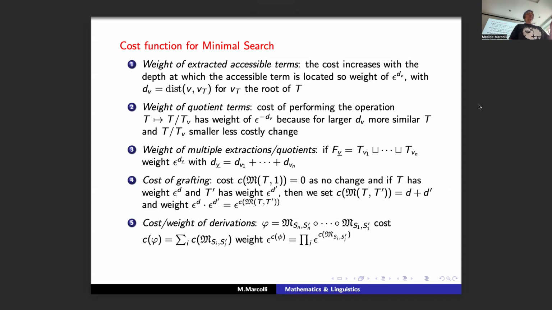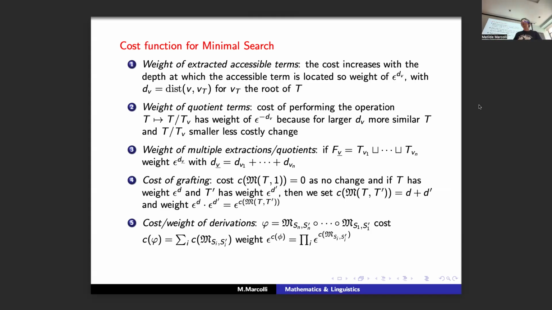And so I can decide that the cost is dependent on the distance of my accessible term from the root of the tree. So I can give to an accessible term a weight that is epsilon to the cost that it takes to extract this accessible term.